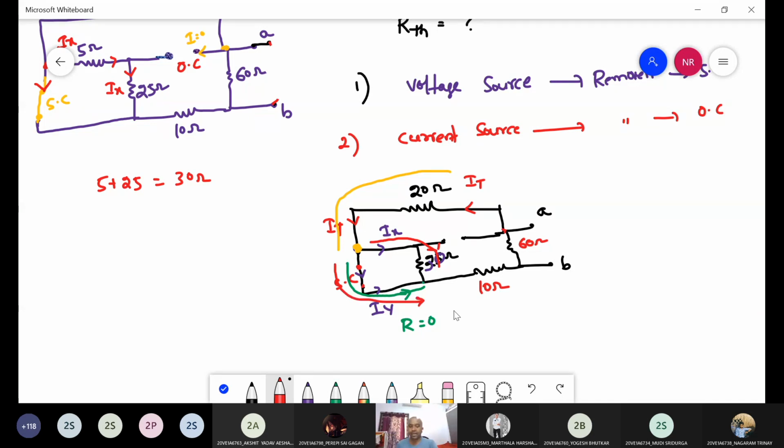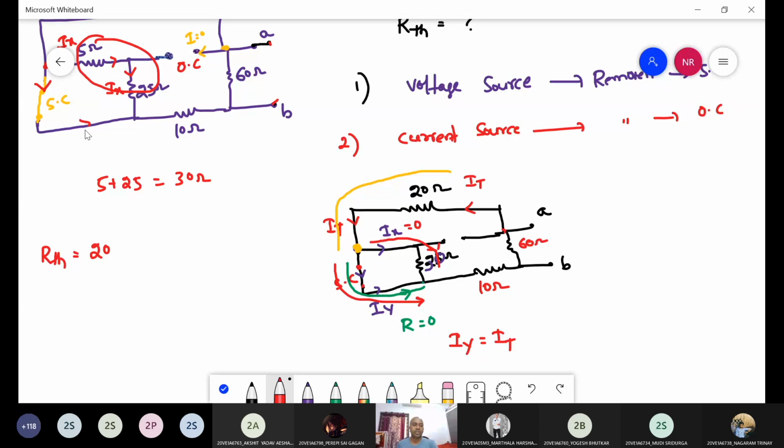So the total current here, Iy, is equal to I total. Then Ix is equal to 0. Then we are not considering this 30 ohms. So here what is the R equivalent, R Thevenin, that is 20. Then we are not considering this element, right?